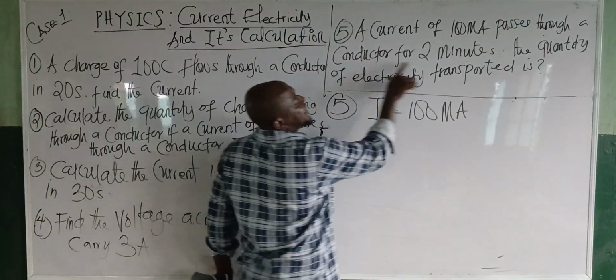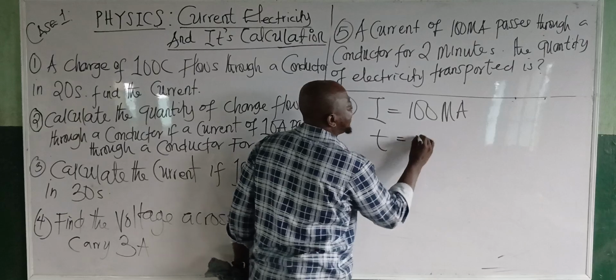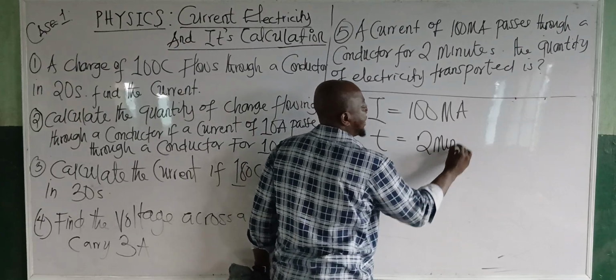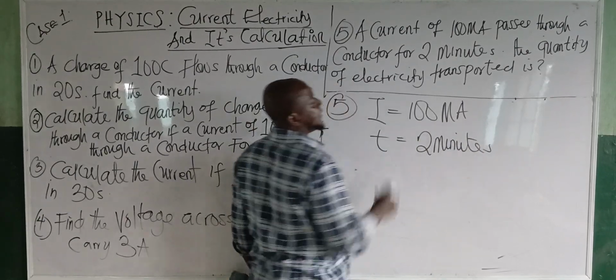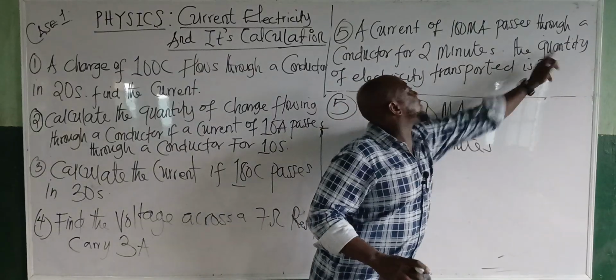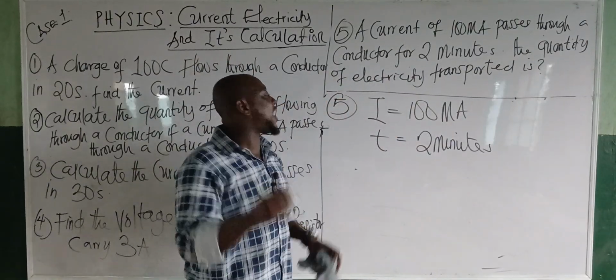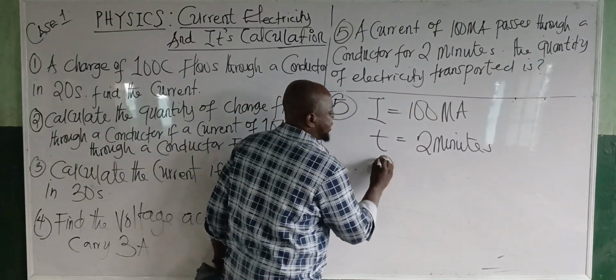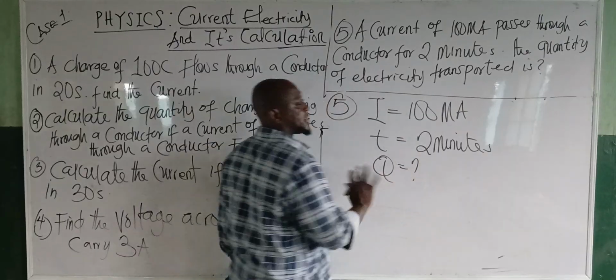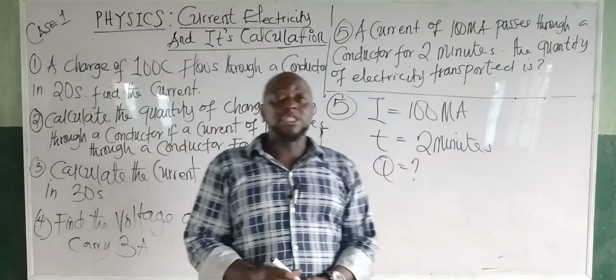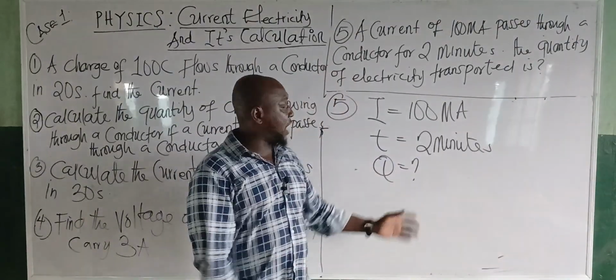It passes through for a time of 2 minutes. They said the quantity of electricity. Whenever I hear the quantity of electricity, we are just describing Q, the quantity of charge.